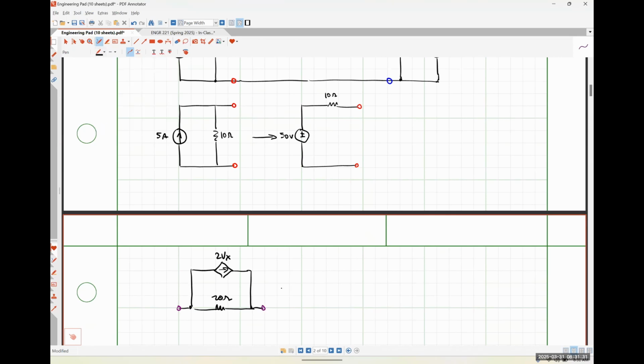So what would this transform into? 20 times 2Vx, so 40Vx in series with a 20 ohm resistor, where the positive polarity terminal is on the right because the arrow of the current source is directed to the right.